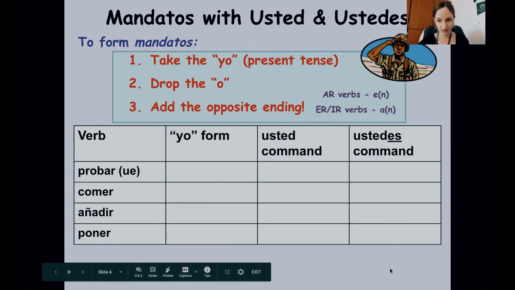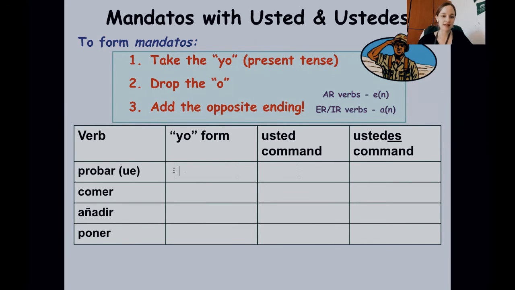So let's do some examples here. The verb probar, the yo form, has a little stem change. It would be pruebo. Then we drop that O off. Our usted command on an AR verb would use the opposite ending, which would be E, right? So it would be pruebe. And then just like you usually do, in order to form the ustedes form, you just add the letter N, right?